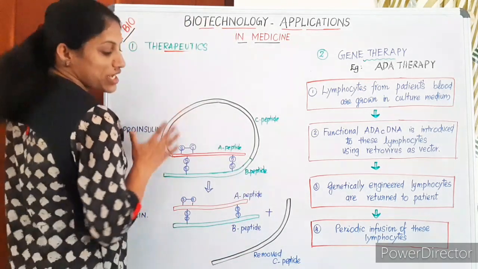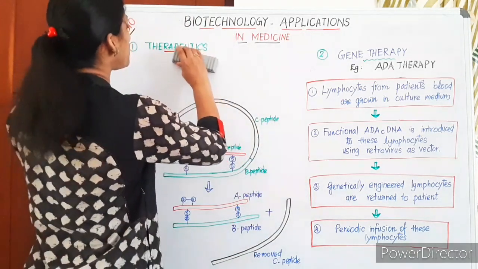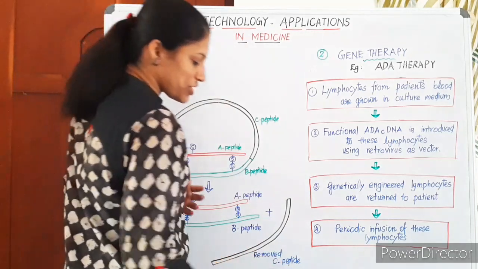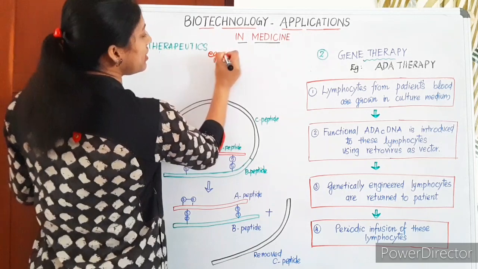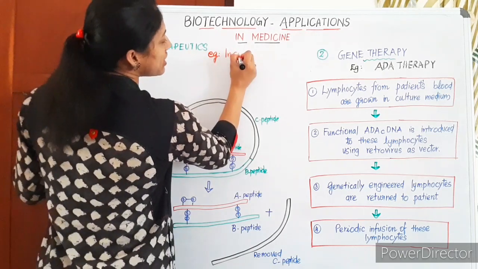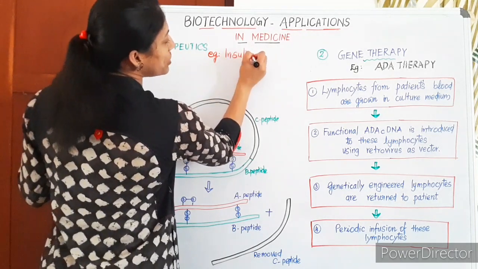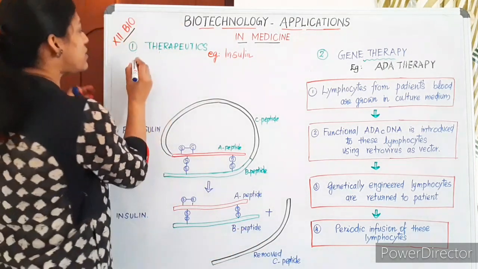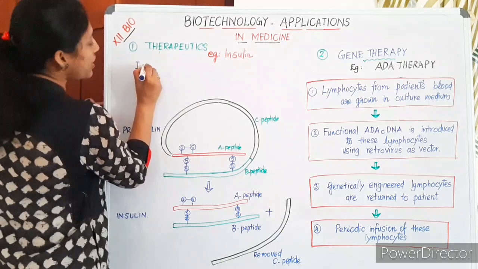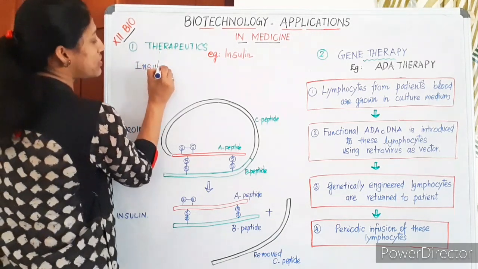The production of insulin, under therapeutic drug production, we discuss as an example. Scientists faced a great trouble in producing insulin. You know why? Insulin is produced in the human body as proinsulin.